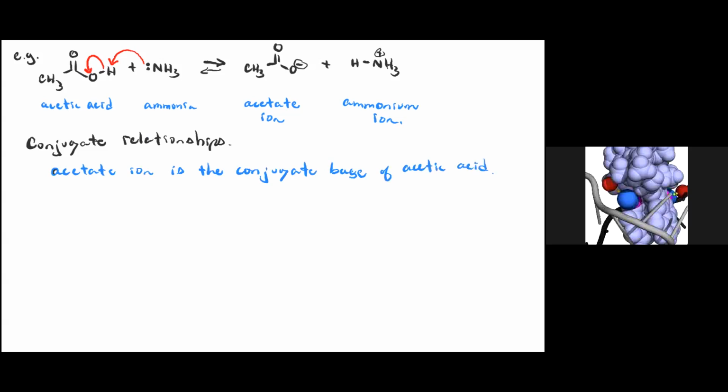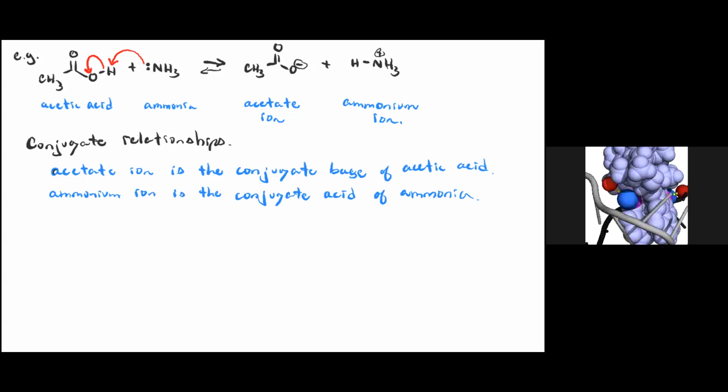And we can say that ammonium ion is the conjugate acid of ammonia. Basically the term conjugate allows me to very concisely relate one species to another.